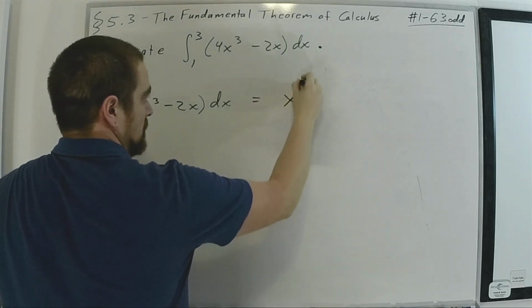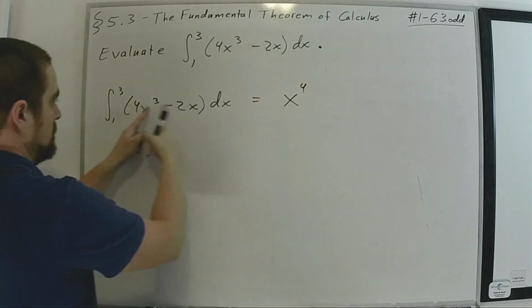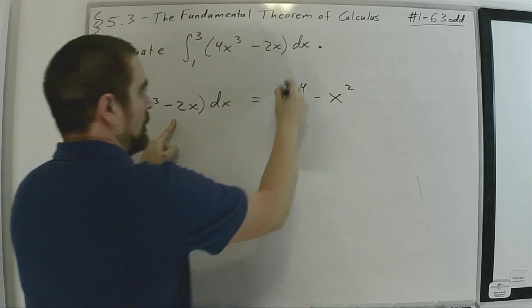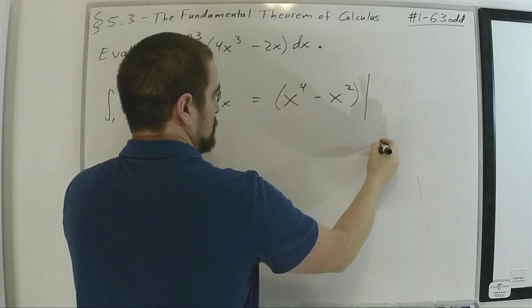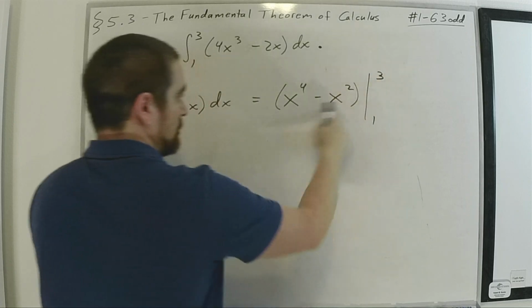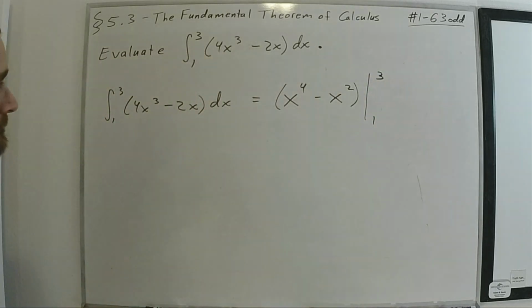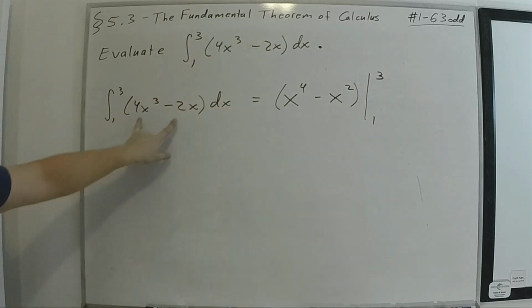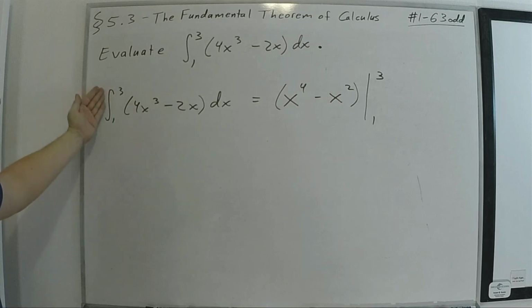All I have to do is find a general antiderivative and evaluate it, which is one of the antiderivatives. It just happens to be the antiderivative with a 0 constant, from the lower limit 1 to the upper limit 3. And again, the notation is just telling us, hey, integrate with respect to this variable x.